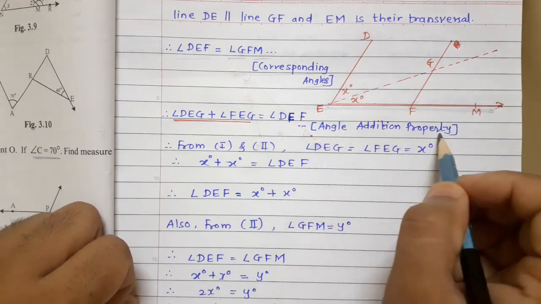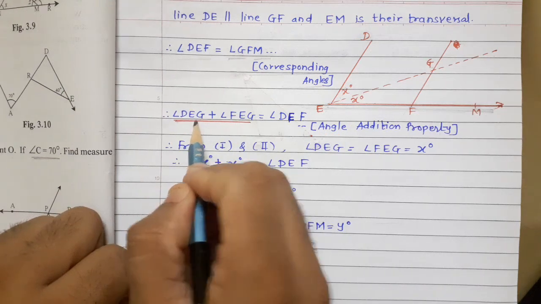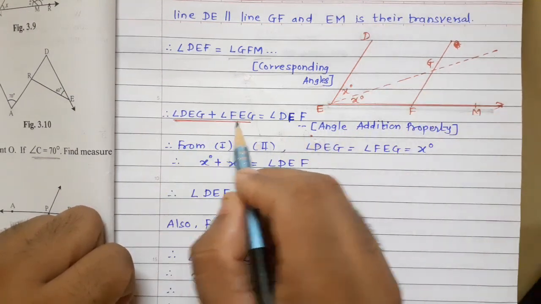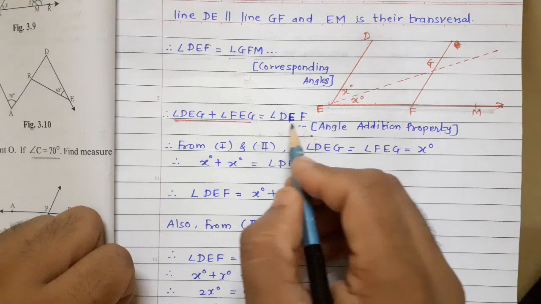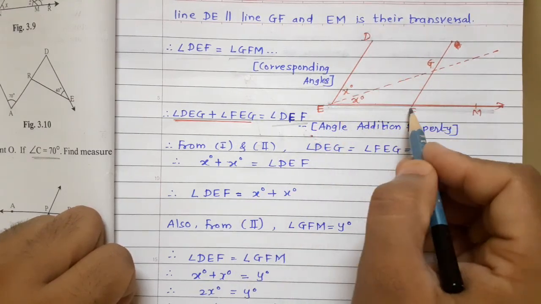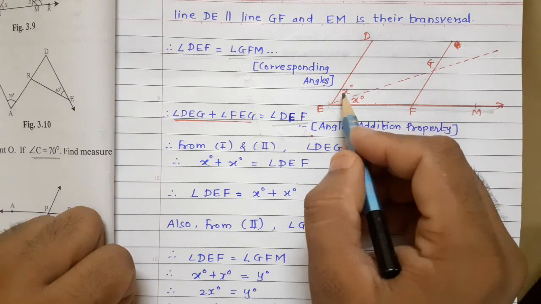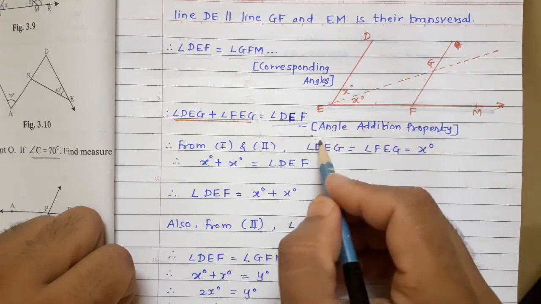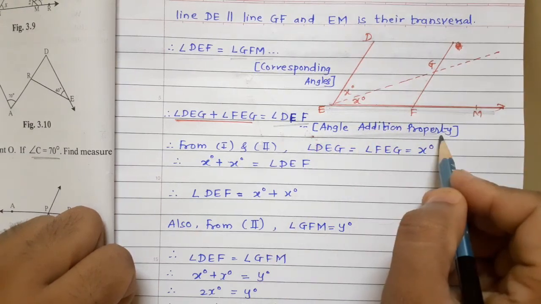So by angle addition property, angle DEG plus angle FEG is equal to angle DEF.